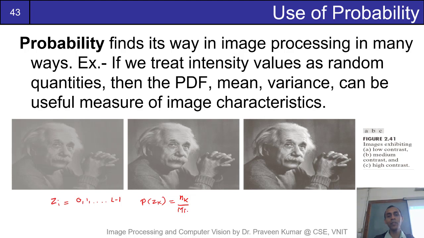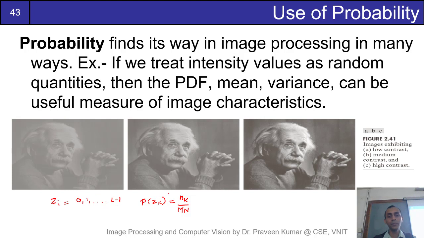If M and N is the size of the image, M cross N, the total number of pixels will be M into N, and the number of pixels having that intensity value is nk. Then nk divided by MN will be a rough estimation of the probability of this random value Zk, isn't it?